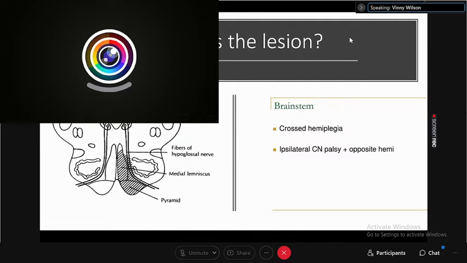So here again we can see at the level of the medulla, this is the hypoglossal nerve, or the nerve supplying the tongue. If there's a lesion here, this is the pyramid. Before the pyramid, the corticospinal tract has crossed over. So here a lesion will cause tongue weakness on this side, and a little down, the corticospinal tract would have crossed and the hemiparesis would be on the opposite side.